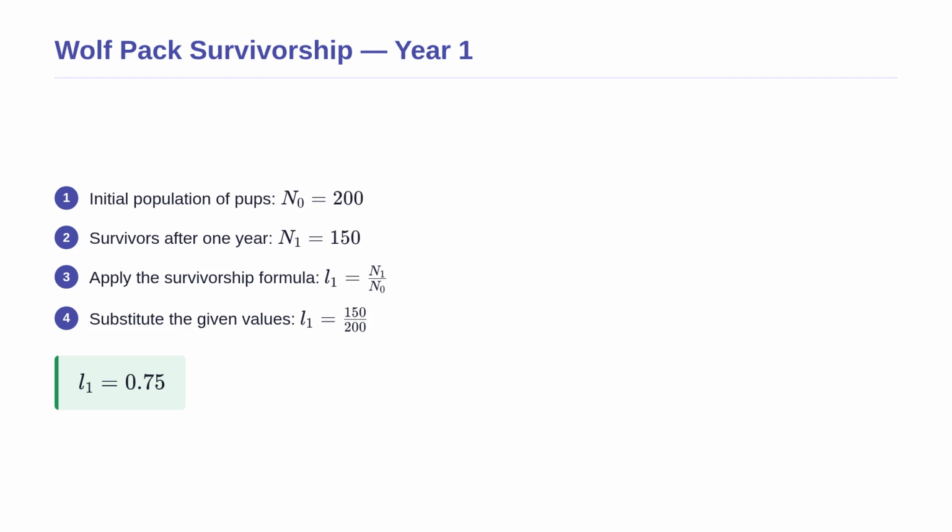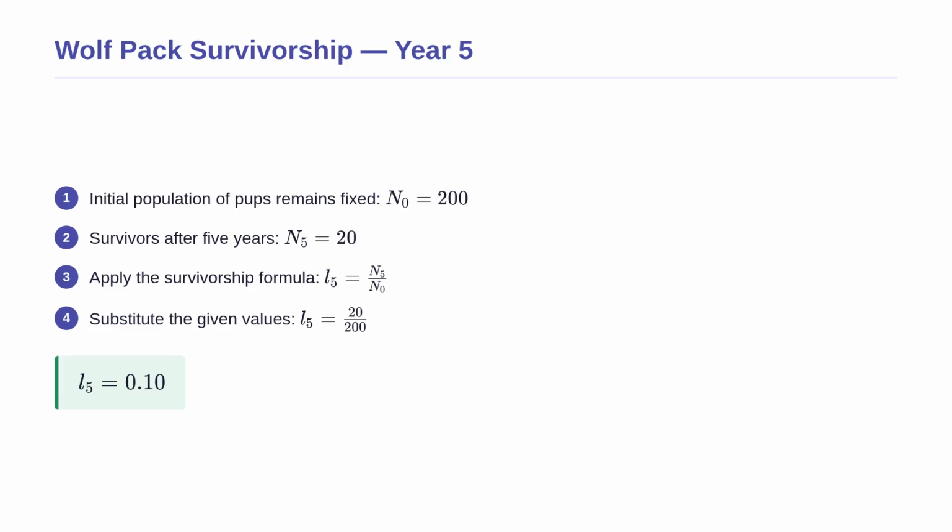We need to find the survivorship proportion at year 1. We choose our survivorship formula and plug in 150 for N1 and 200 for N0. Dividing these gives us 0.75. Physically, this means 75% of the pups survived their first year, indicating good parental care.